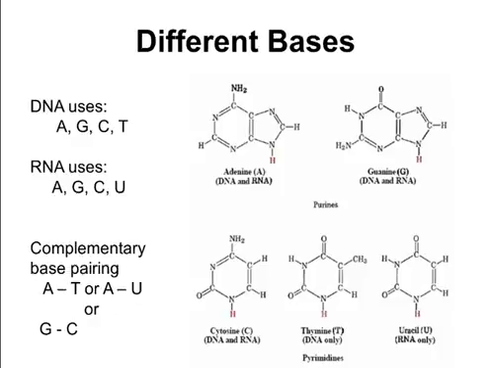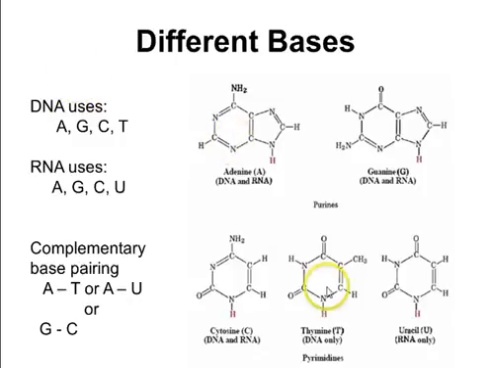Both DNA and RNA use adenine, guanine, and cytosine. DNA uses thymine, RNA uses uracil. And these bases are complementary. That means they bind to each other, and they won't bind to anything else.